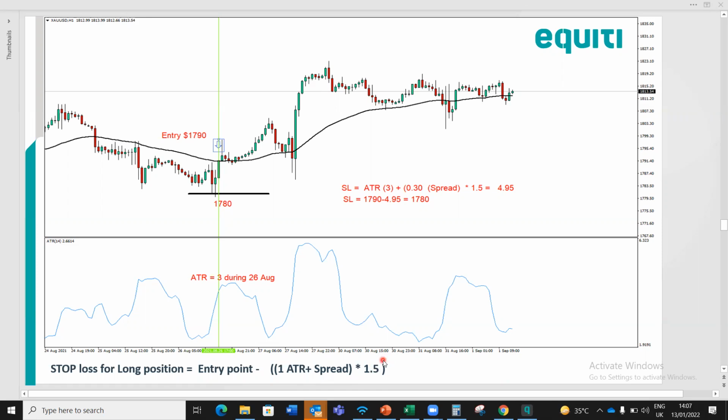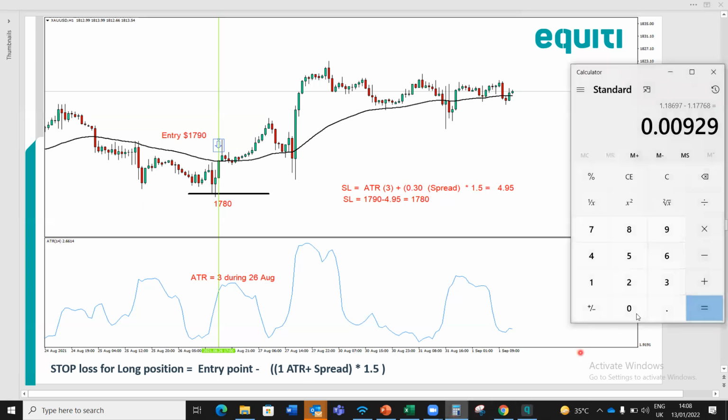But let's just calculate it. We have identified the ATR value as 3. Now plus the spread. What is the spread? 0.3. So we have 3 plus 0.3, then all multiplied by 1.5, which is the factor.